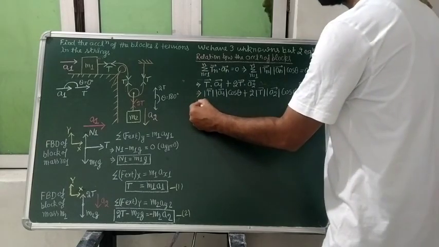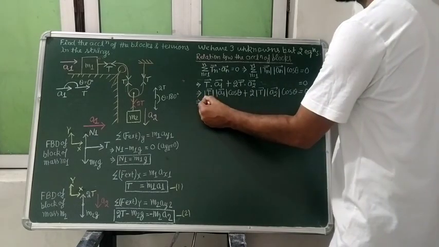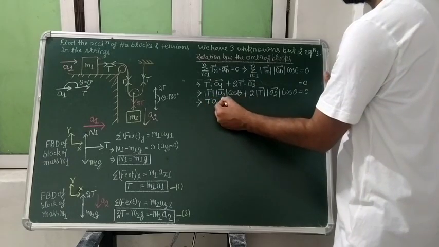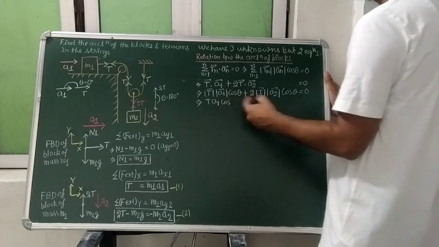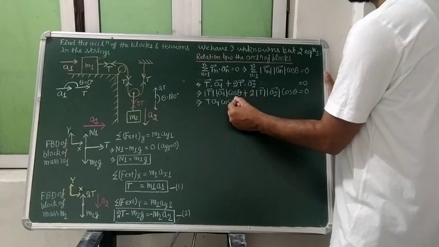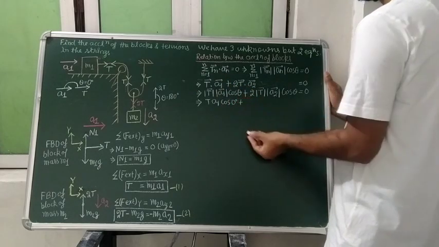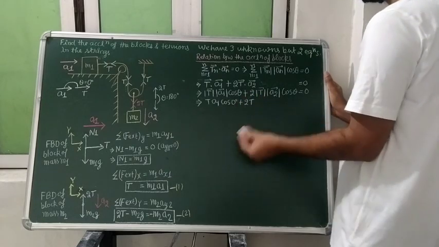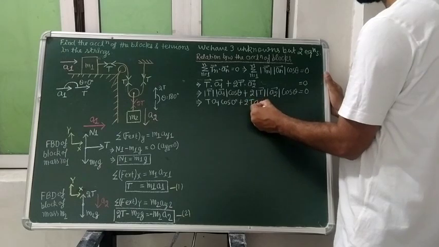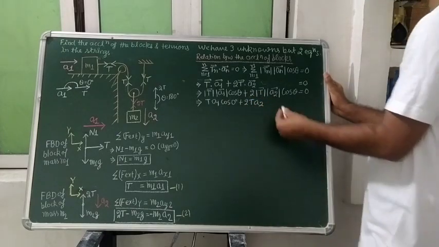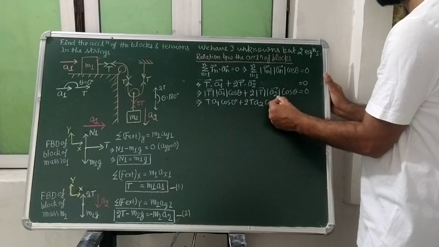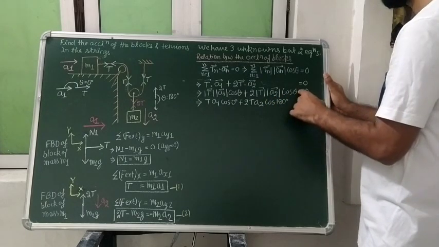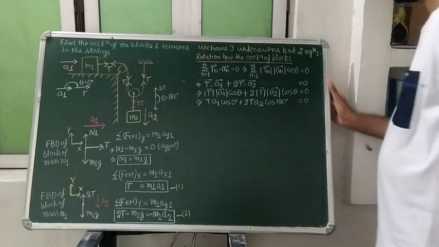Suppose the magnitude of this tension vector is T, the magnitude of this acceleration vector is A1, and here theta is 0 degrees. Plus here the magnitude of this 2T tension vector, and the magnitude of this acceleration vector we are saying is A2, and here theta is 180 degrees. That should be equal to 0.